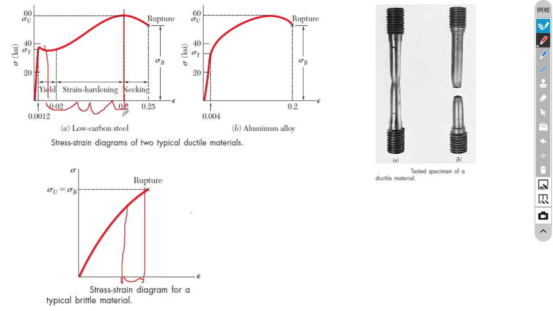In the elastic region, yes, this region, the sigma epsilon relation is linear, and the proportionality constant is the Young modulus. Okay, or stiffness. If the material is in the other region, yielding has occurred, and the material has been plastically deformed.